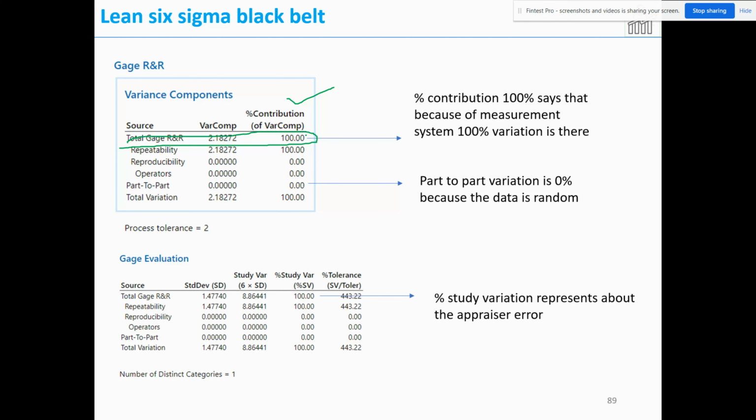It is not giving the same measurement when it is done many times. And we can see part to part variation is 0 because the data is very random. Then coming down, the process tolerance is 2 mm. Coming to the gauge evaluation for the appraiser, sorry, here we have to see the percentage study variation, which is 100 percentage. So this is not acceptable.